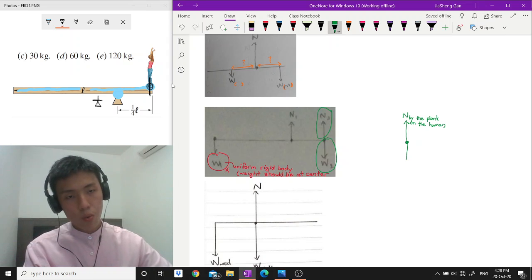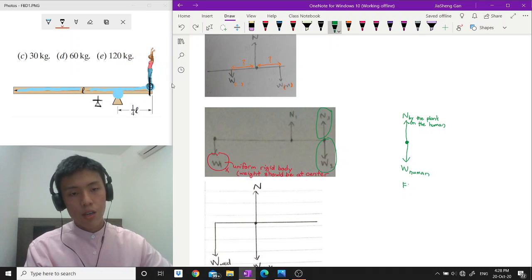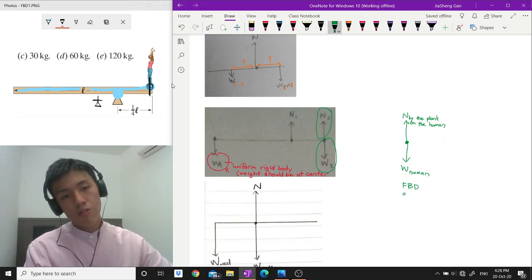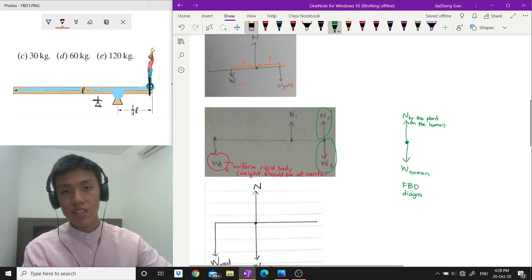Then this is the weight of the human. So this is the free body diagram for the human.